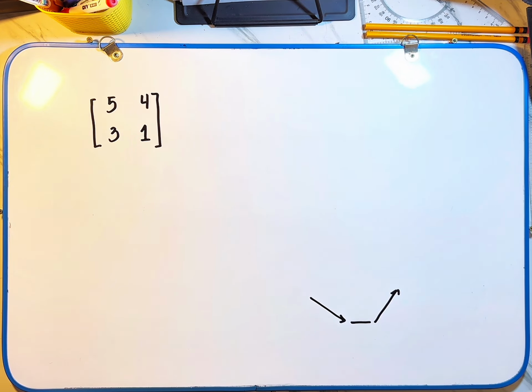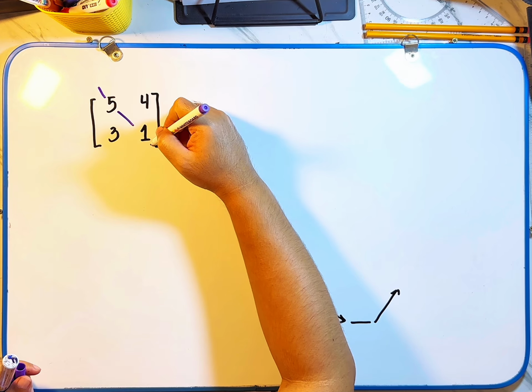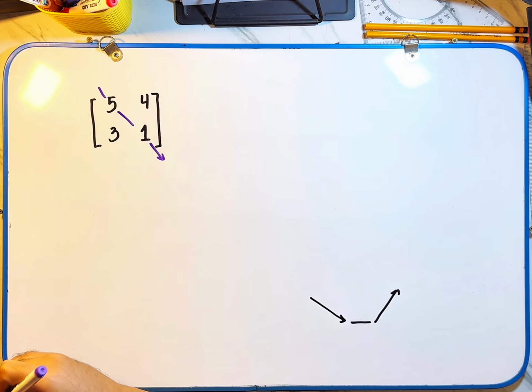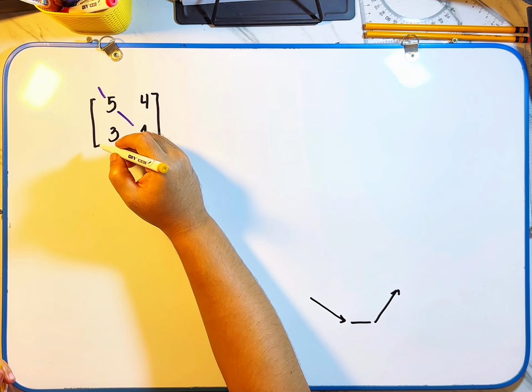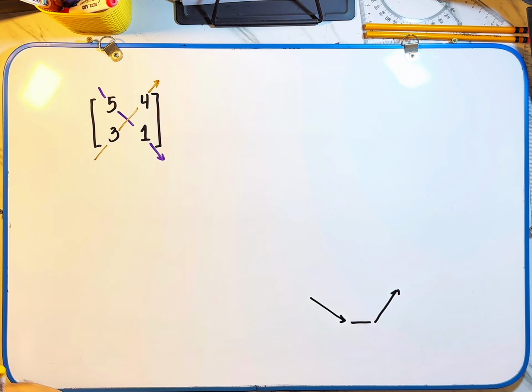So if you apply it here, first, multiply diagonally downwards from left to right. 5 times 1. And then, we also have to multiply 3 times 4. Alright?